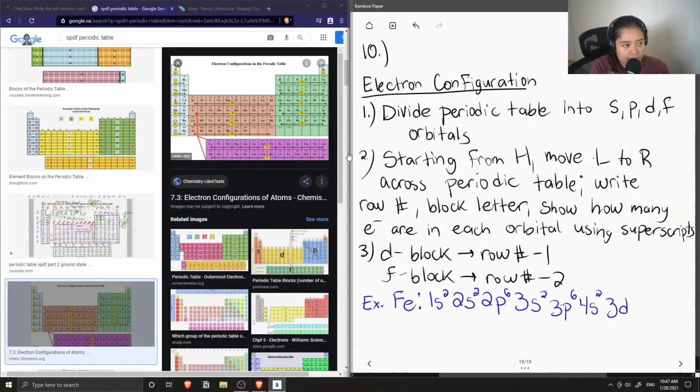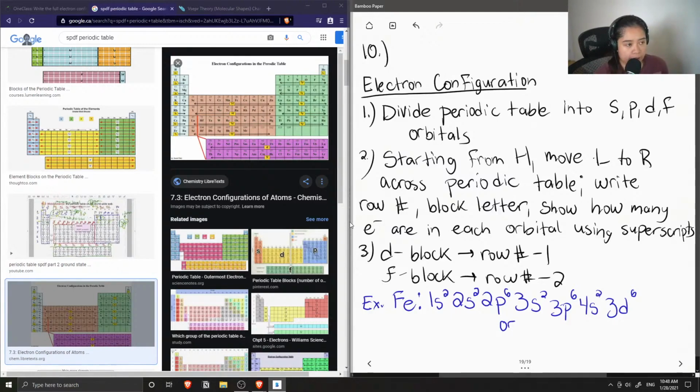And then we count how many electrons up to the iron. So we count 1, 2, 3, 4, 5, 6. So we write 3d6. So this is the full electron configuration of iron, but we can also write the shorthand configuration.